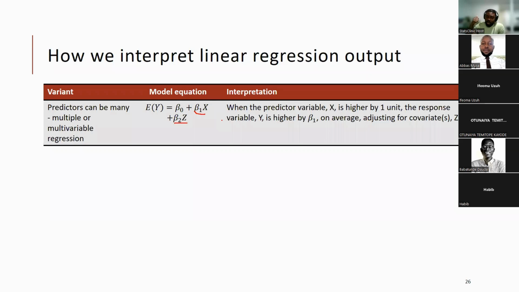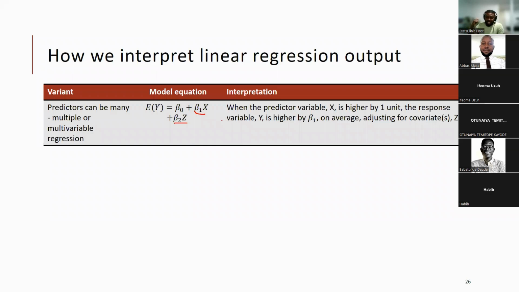So is beta 1 the average number of hours for married? Is it the average number of hours or what is it? It is the difference for the married compared to the unmarried person. Very good.